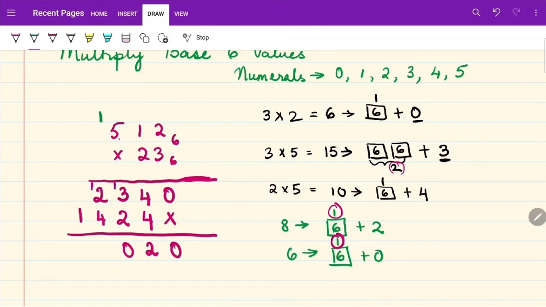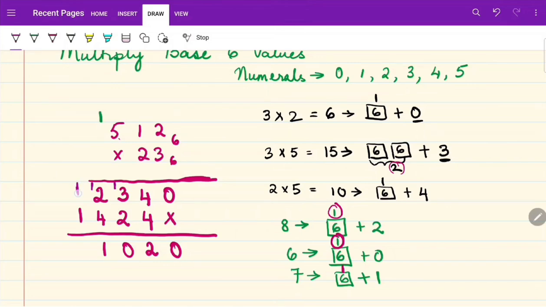So 7 also falls outside the list of numerals. So we have to bundle 6, and the remaining is a 1. So again, write your 1 in this position here below 2 and 4. And we carry over a 1, which we write up here.